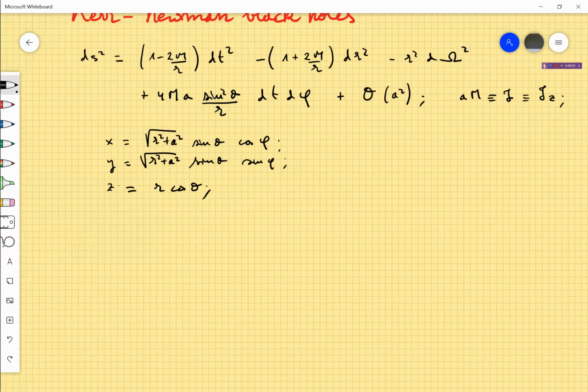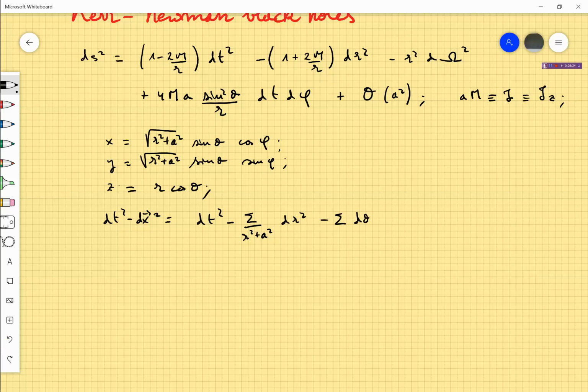So if you take the Euclidean metric or the Minkowski metric in Cartesian coordinates, and you rewrite it in terms of these coordinates, what you find is, I will just copy this from the lecture notes. You find something that can be written in this form: sigma divided by r squared plus a squared, minus sigma d theta squared, minus r squared plus a squared sine squared theta d phi squared.